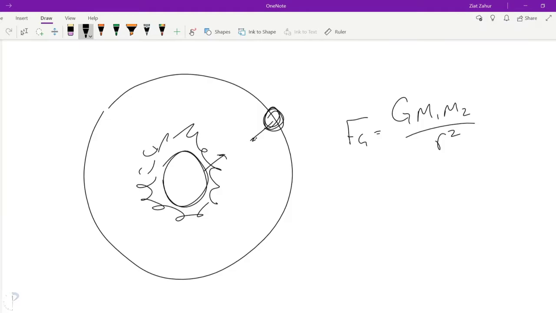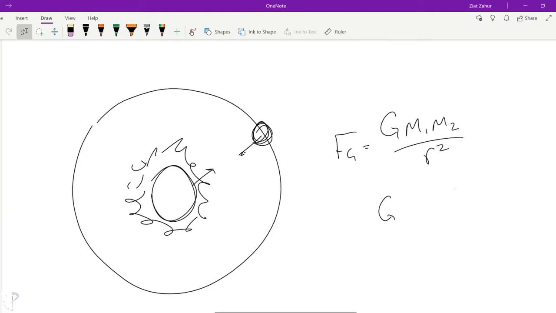The specific equation would be capital G, the universal gravitational constant, times the mass of the sun. In System A, the mass of the sun is ms, and times the mass of the planet, which in System A is just mp. And the radius for System A is capital R, squared. So F0, the gravitational force exerted on planet A by star A, is equal to G ms mp over r squared.